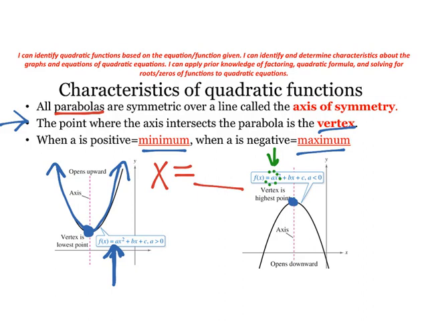And so if I have a quadratic parent function that is opening down, that means the leading coefficient, that a term, is negative, and my vertex is the absolute highest point, or a maximum of that graph, the absolute maximum of that graph.